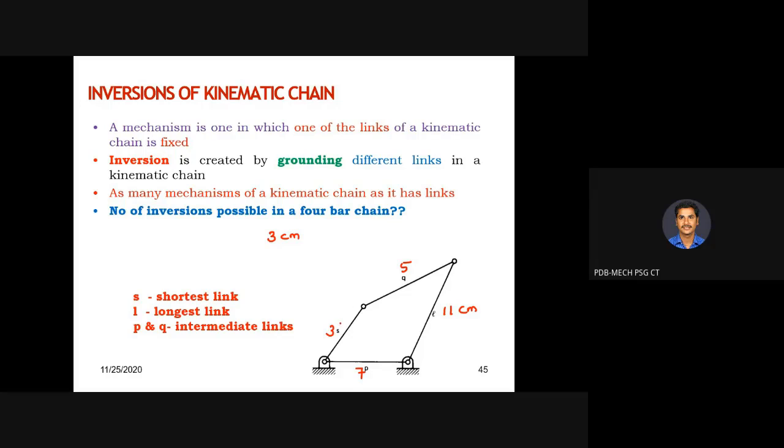The shortest link is denoted as S, the longest link is denoted as L, which is the 11 centimeter link, and the other 2 links are P and Q. For the 4 links there will be different dimensions: one the shortest, one the longest, and the intermediate 2 we denote as P and Q.